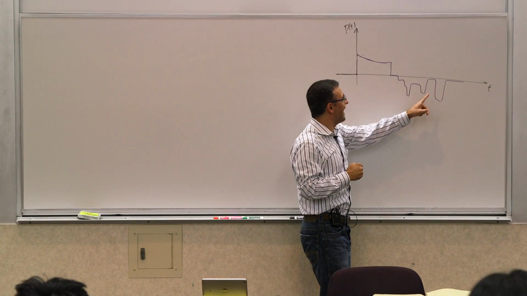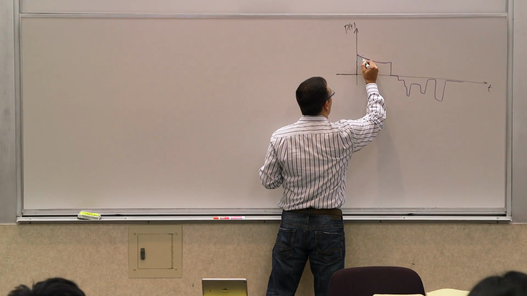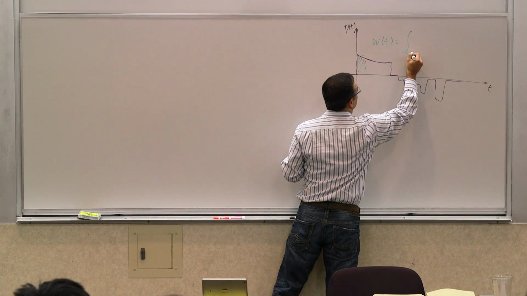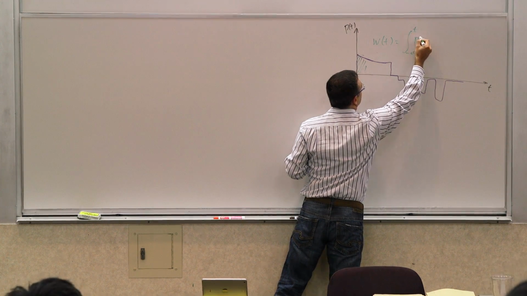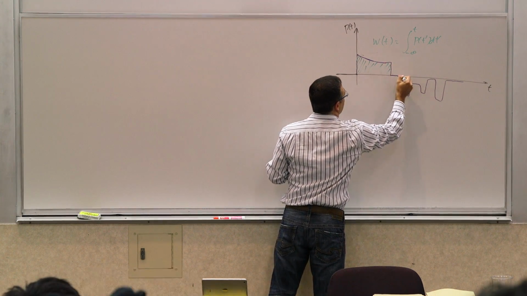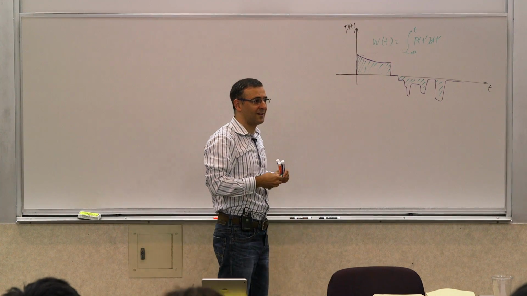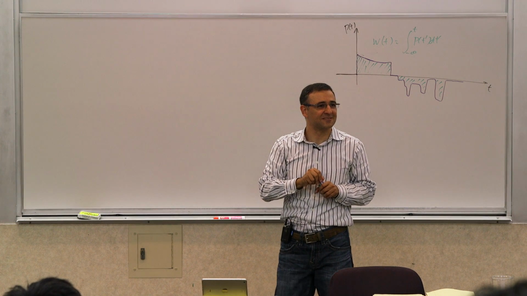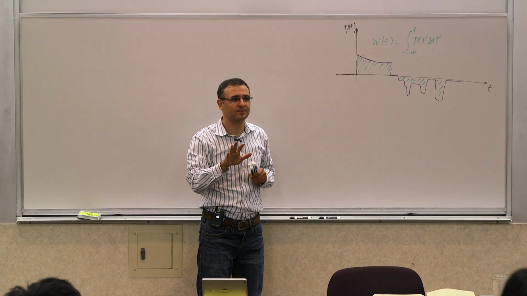Now, can this integral, the area under this curve at any point in time, which is what we are interested in, from 0, can this area at any point become negative? No, because you can't take more out of it than you've put in. Does it make sense?